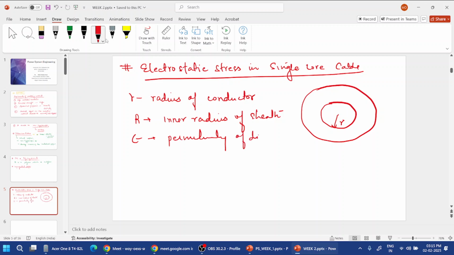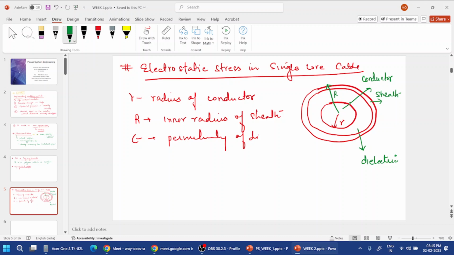So basically, this is the conductor and this is the dielectric, and this is the sheath, and its inner radius is capital R.